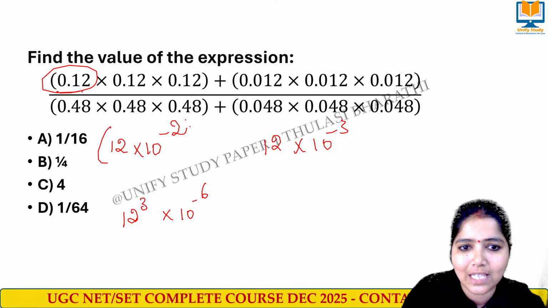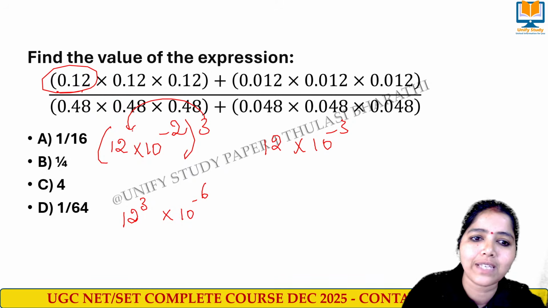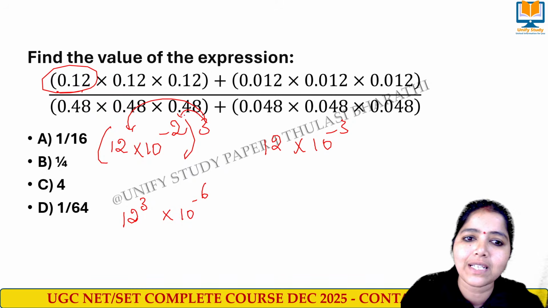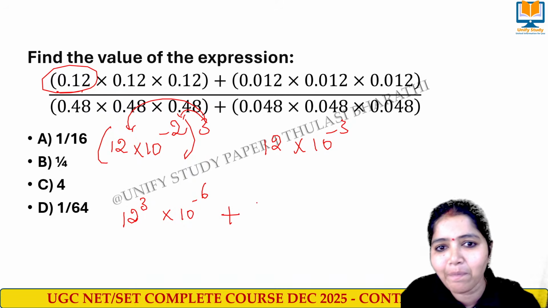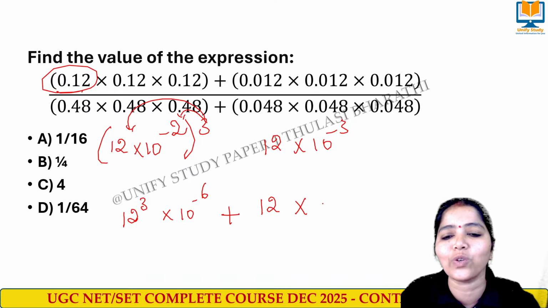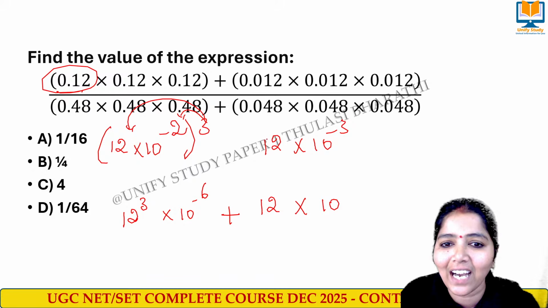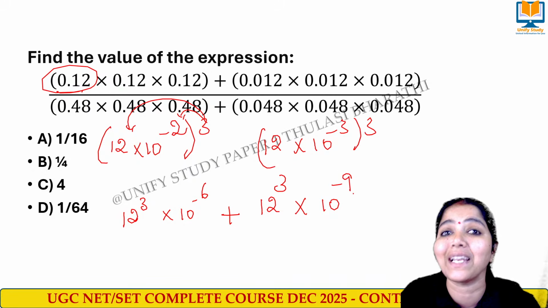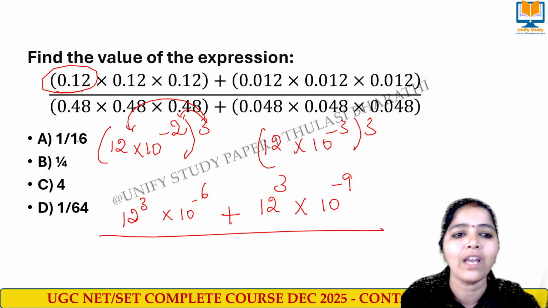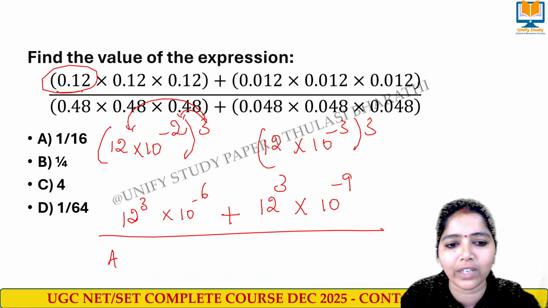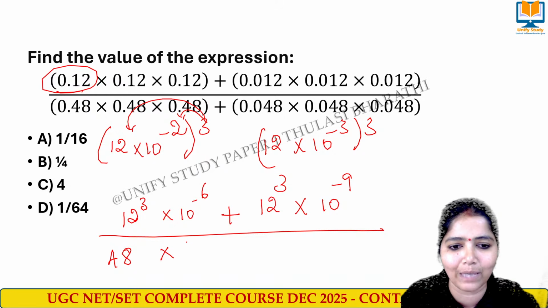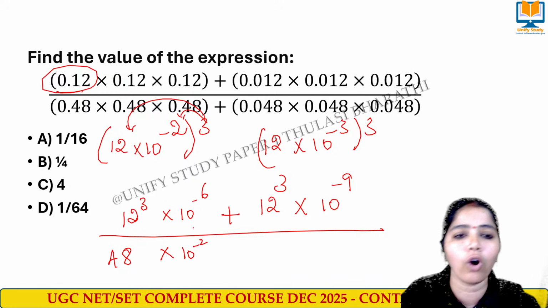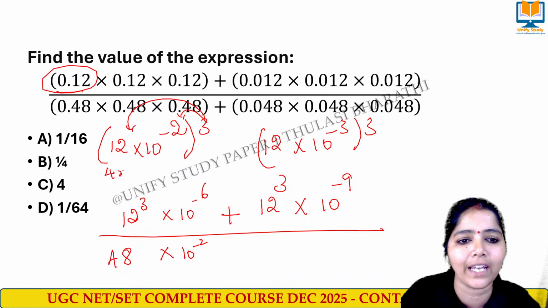How, ma'am? Because this is whole cube, right? So this comes here and becomes 12 cube. This comes inside and becomes minus 6. And then plus again here 12 into 10 to the power of minus 3, the whole cube. This becomes 12 cube and this becomes minus 9, and divided by 48. So 48 into 10 to the power of minus 2, the whole cube, right?